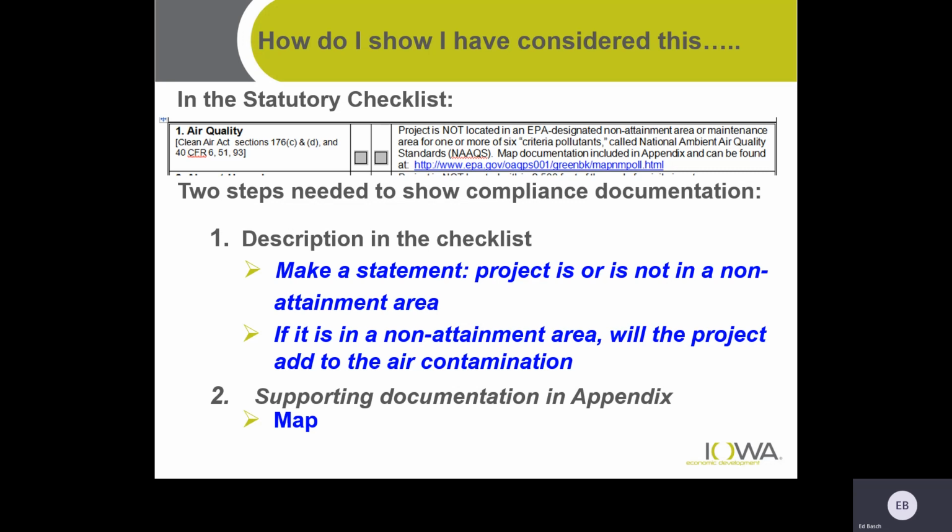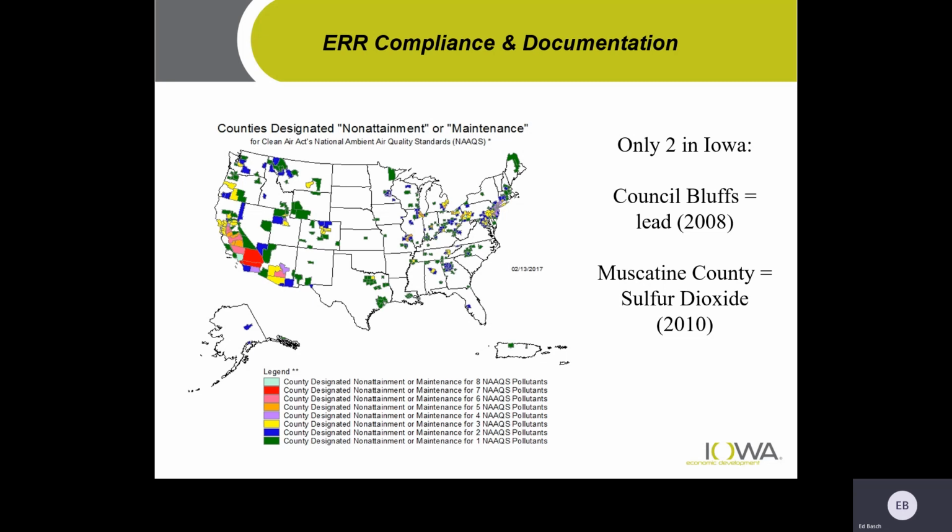So make a statement, whether you're in or not, and if you are in a non-attainment area, will the project add to the air contamination? If you're not in a non-attainment area, just state that and reference the map as appendix, whatever it would be in your review.